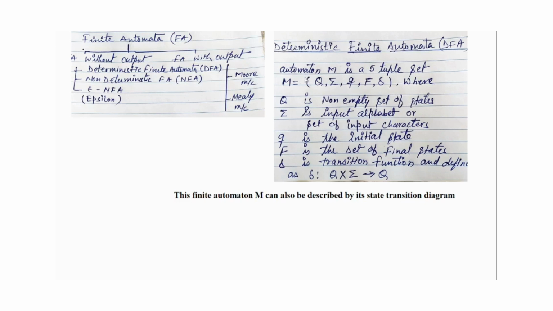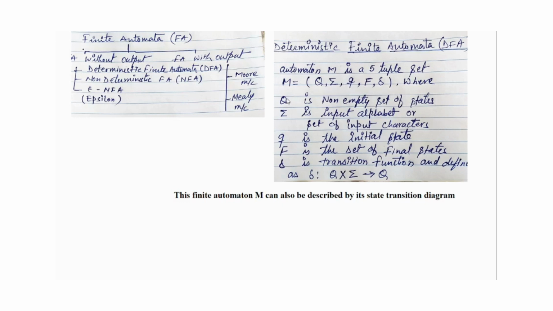According to this, an automaton whose name is M is a 5 tuple set. A 5 tuple set means a mathematical set with five elements. So M, the automaton, is a 5 tuple set Q, sigma, q0, F and delta.